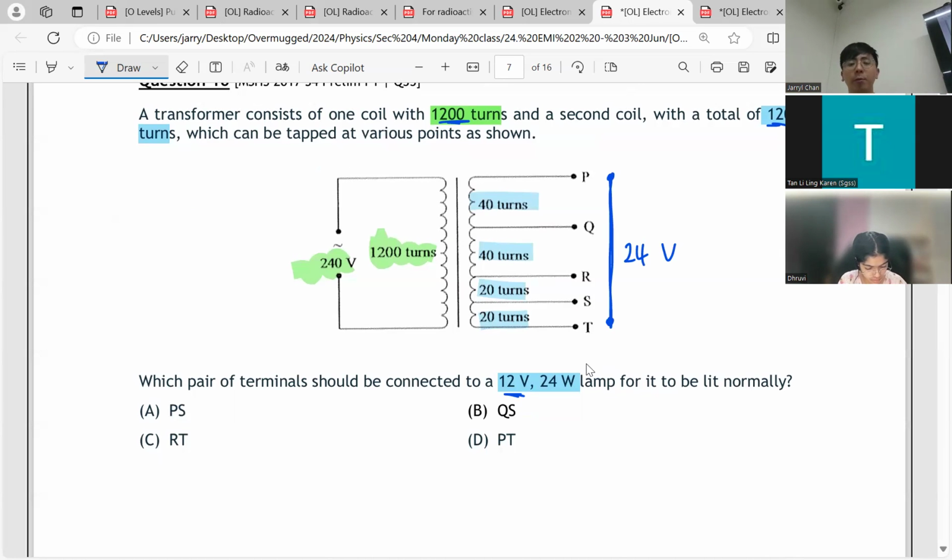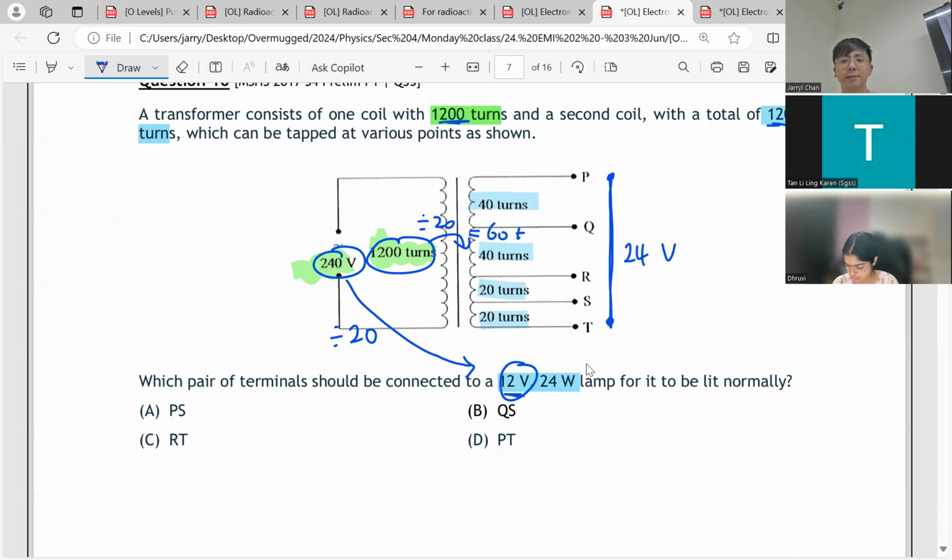The easier way probably will be, how many turns do I need for 12 volts from 240 volts? 240 divided by 20, I can get 12 volts. 1,200 divided by 20, I get 60 turns. So I need a pair of terminals that has 60 turns. Which pair of terminals gives me that? QX, 60 turns. That's why I can have the output voltage of 12 volts.